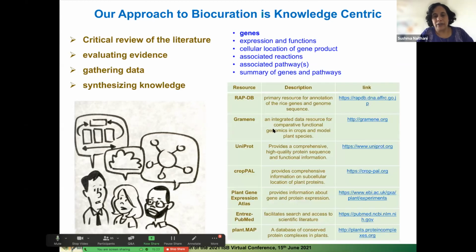We also like to link the complementary information that is available in other databases and refer to them. And if we improve on, for example, any gene annotations, then we submit to those respective databases, for example, for rice, RAP-DB. So students also spend some time navigating at least the RiceDB, Gramene, UniProt, TAIR, Plant Gene Expression Atlas, of course, for literature, PubMed, and then PlantMap to learn about various genes and proteins and how and where they are expressed.